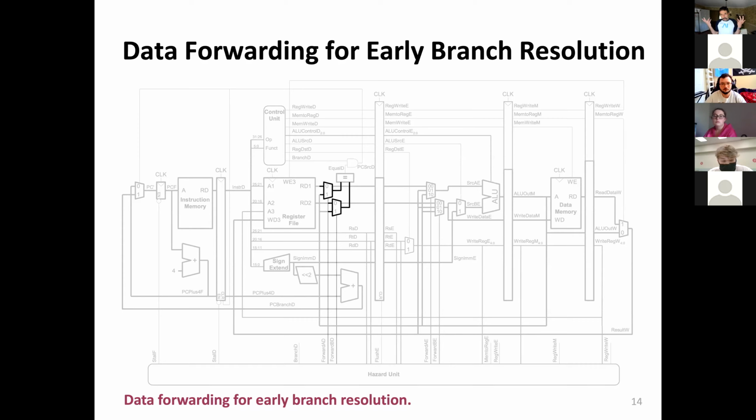So the compiler knows everything about these instructions, and because it generated them in the first place, it knows the dependencies between these instructions.